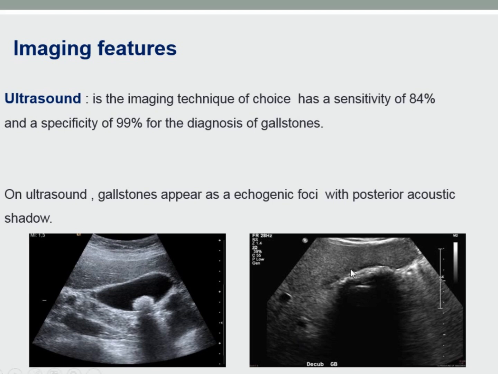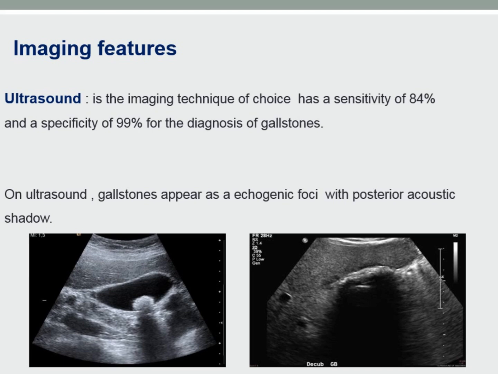gallbladder stones may obscure the posterior wall of the gallbladder, like in this picture. In this situation, the anterior wall of the gallbladder will be seen, and immediately there's a line of echogenic foci. After that, there's posterior acoustic shadowing, and the posterior wall of the gallbladder is missing. In this situation, the diagnosis may be difficult to differentiate from gas within the duodenum.